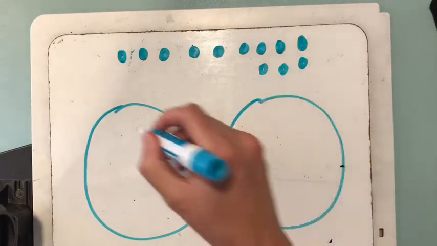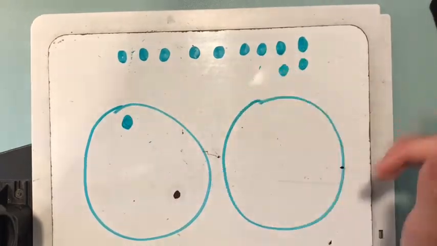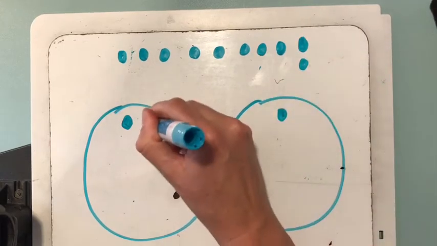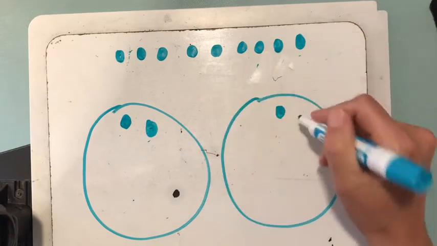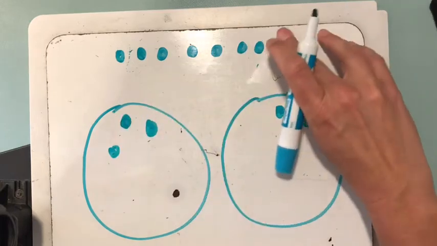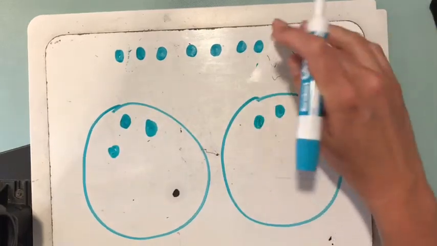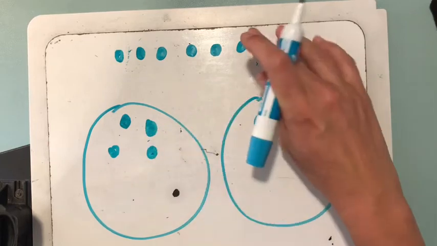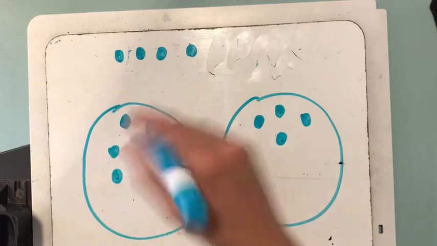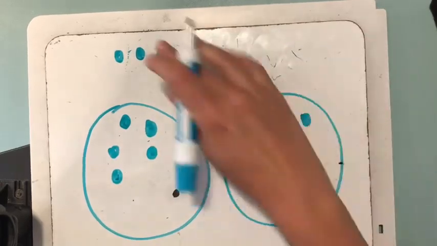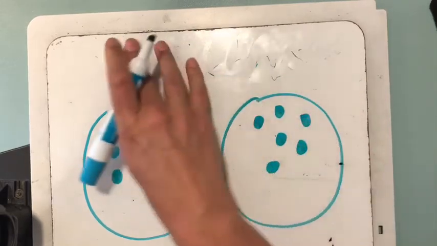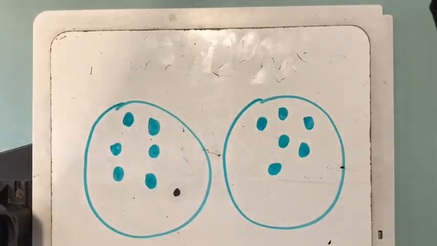So I'm going to go, okay, 1, erase, 2, erase, 3, erase, 4, erase, 5, erase, 6, erase, 7, erase, 8, 9, 10, 11, whew, I'm getting tired, 12. Okay, so I got all my dots in my circles.